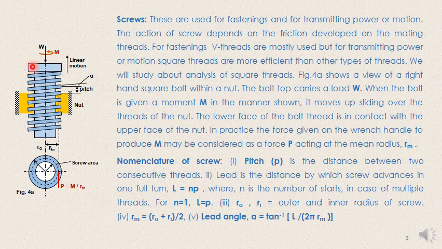And of course, the screw is acted upon by some load W as shown in this particular figure. Now you can see this is the land of the screw or the screw area, which is shown in this projected area. So here the screw area is this annular zone, which has an outer radius RO, that is written over here, and this is RI, the inner radius.